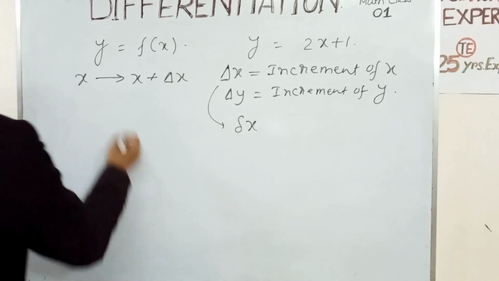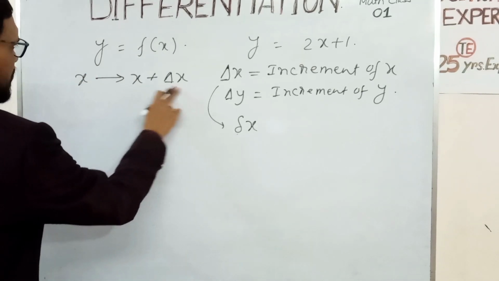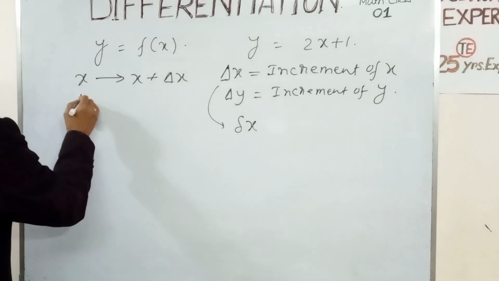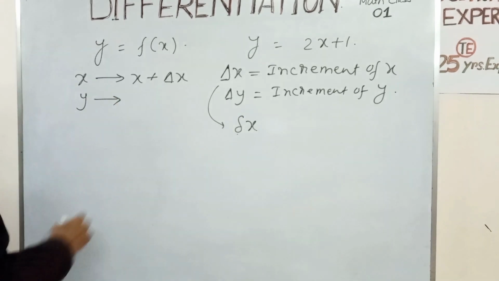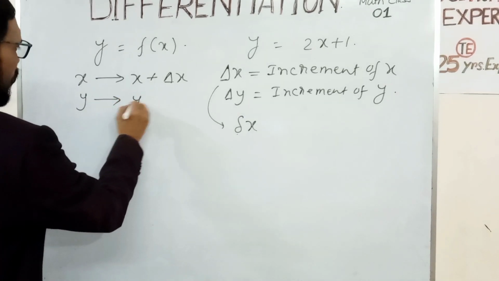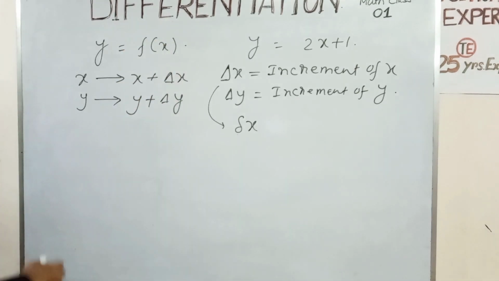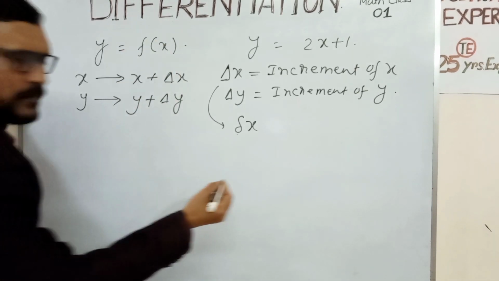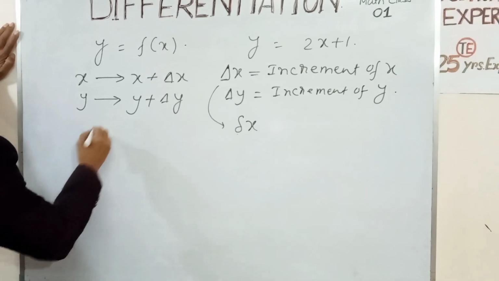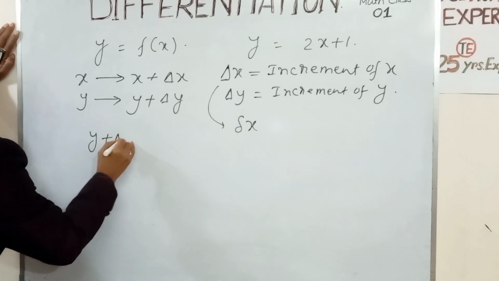Now if x is increased to x plus delta x, then y is also increased, from y to y plus delta y. Okay. Now what is y plus delta y?